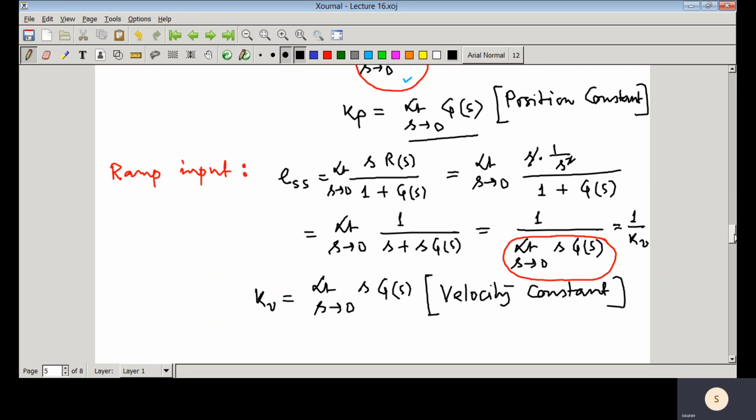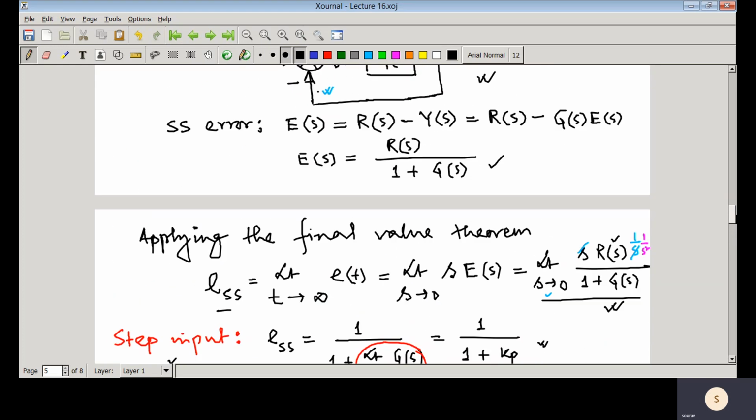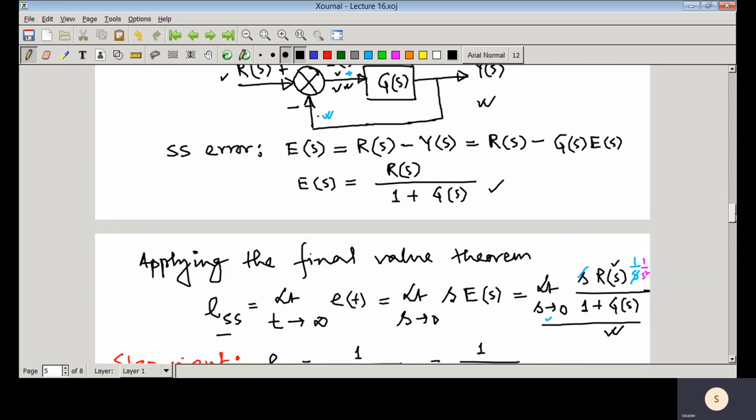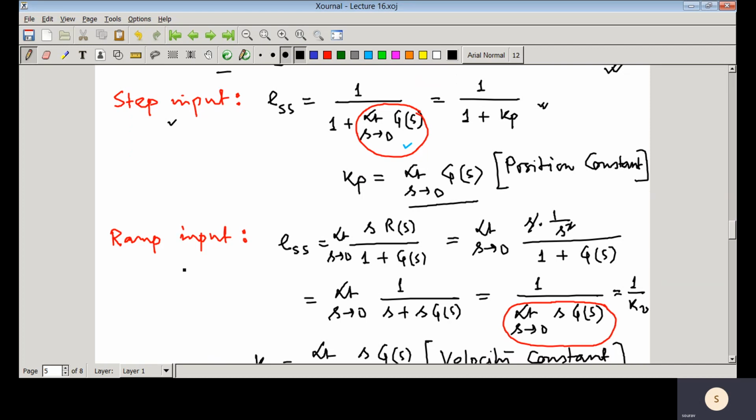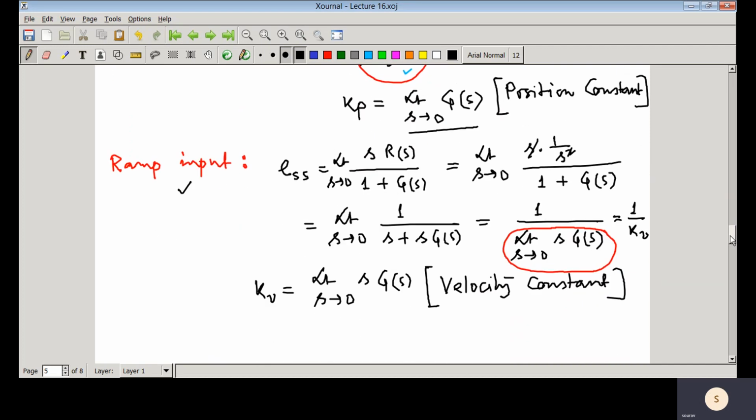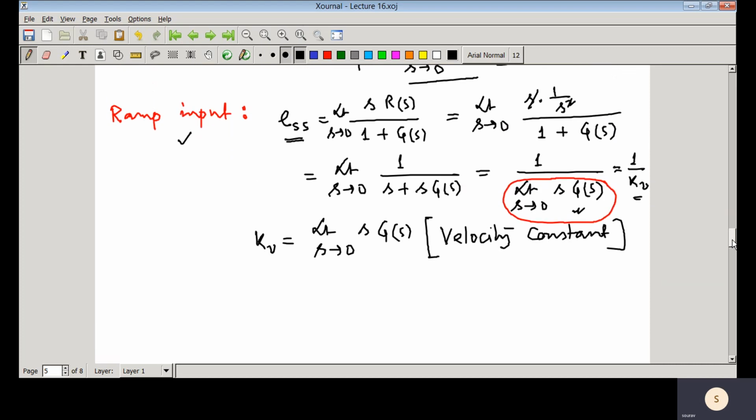So what we have seen, whenever we have a unity feedback system, then if we apply a ramp input, the steady state error becomes 1 by Kv. Kv is the velocity constant, and it is defined like this. Then what happens whenever we apply, say, a parabolic input?